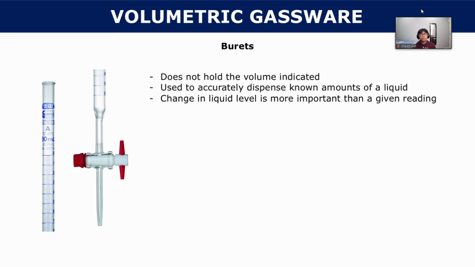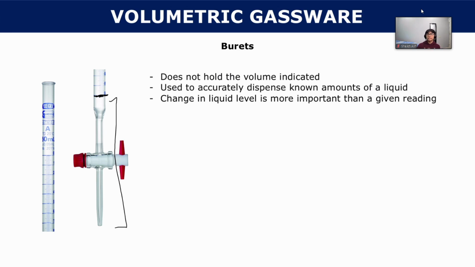So burets do not actually hold the volume indicated. So right here, the incrementation for a buret starts way at the top, right, and then it works its way down. But you might notice that the last increment is right here. But it contains all this amount more. And so burets are not actually designed to hold the volume indicated.